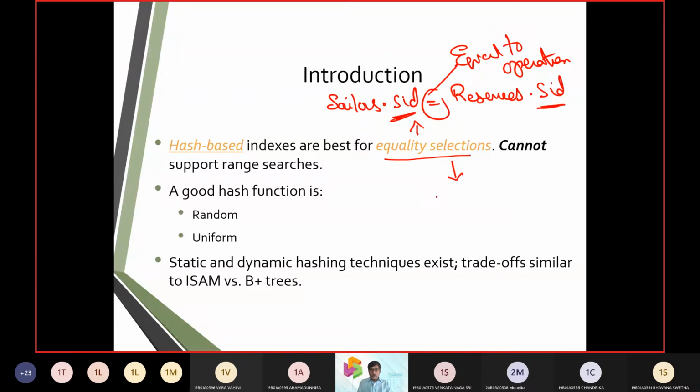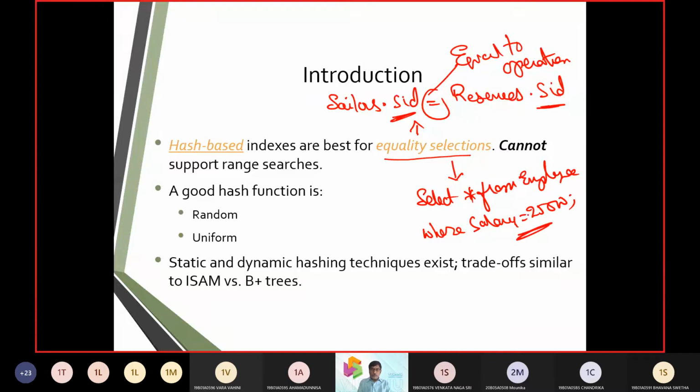Another example was select star from employee where salary is equal to 25,000.